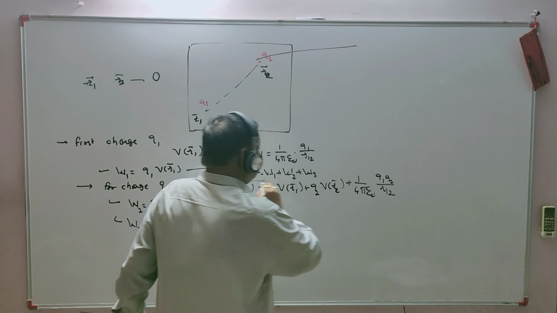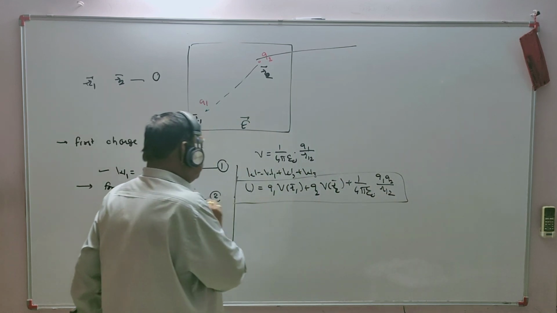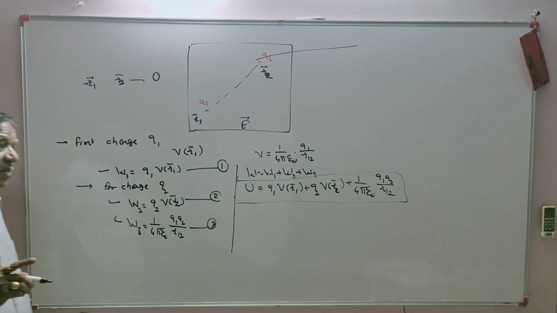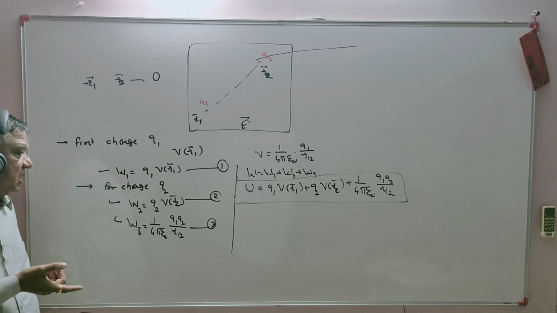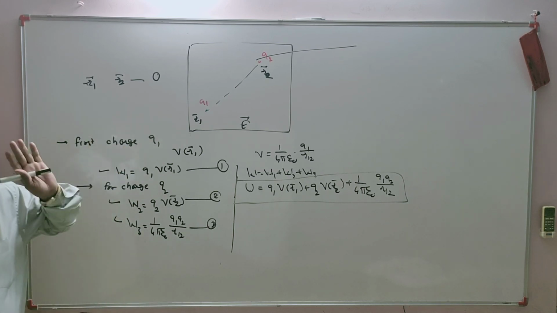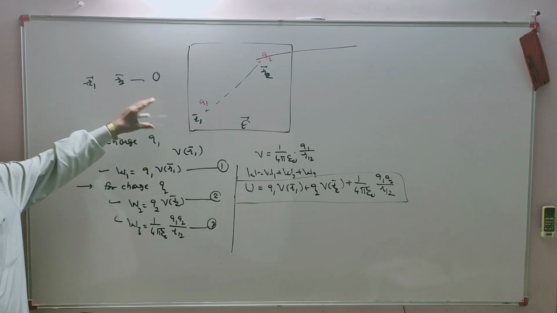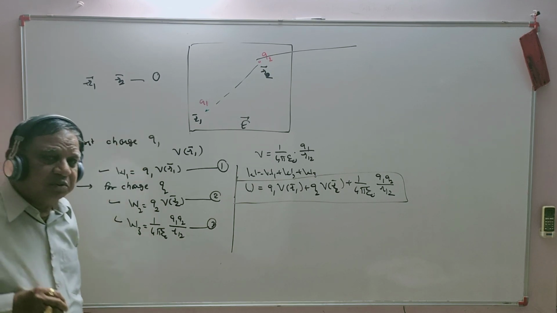This is the required formula for the system of two charges in an external electric field. So this is different from the previous case. In the previous case there is no electric field. Here, in the presence of the electric field, we are bringing the two charges.